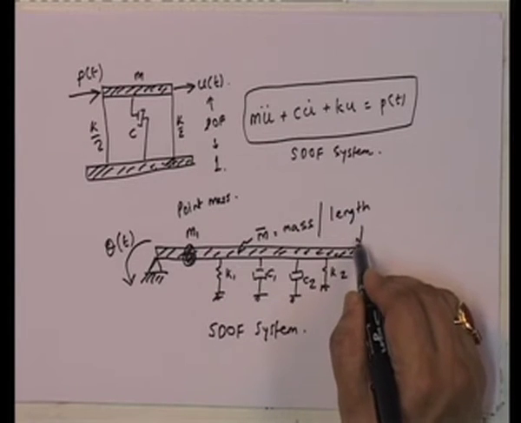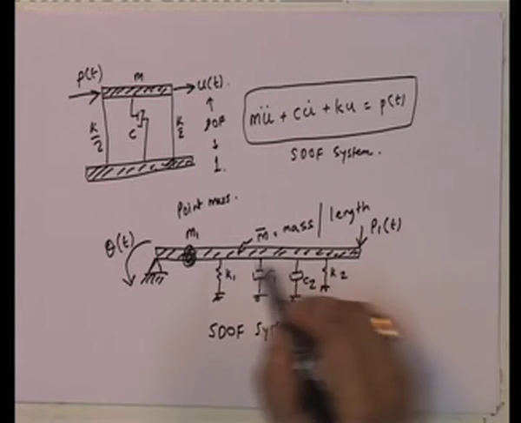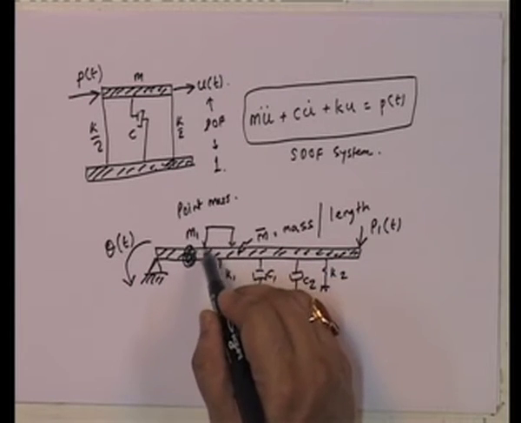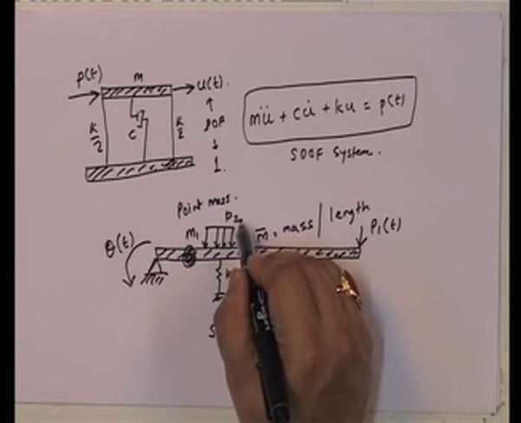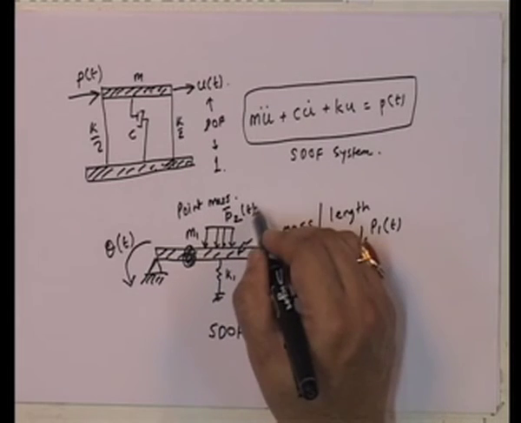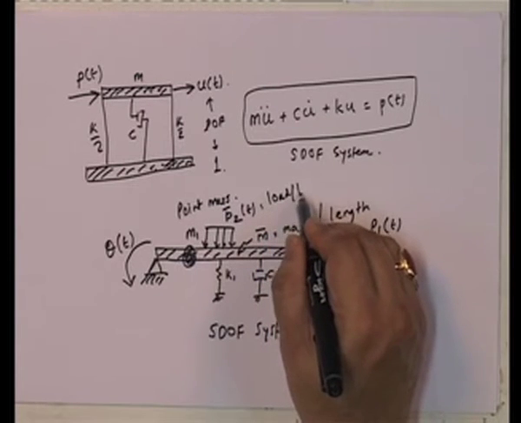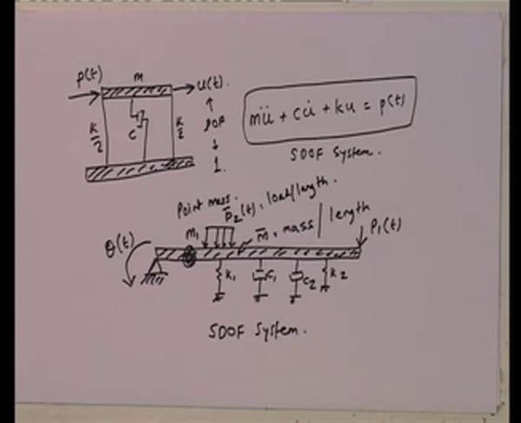So, I will put a load over here, I will call this P1 of t, and I will put some UDL, which I will call P bar 2. This P bar 2 is load per unit length.